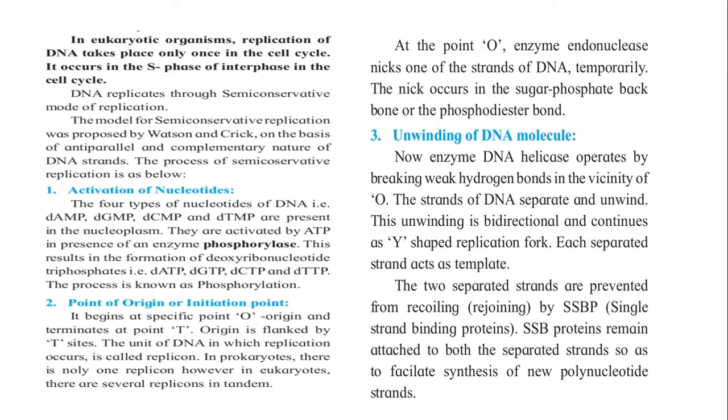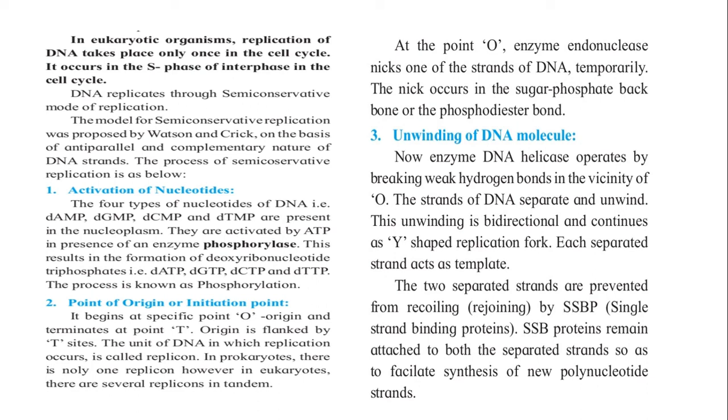Number three, unwinding of DNA molecules. Now, the enzyme DNA helicase operates by breaking the weak hydrogen bonds in the vicinity of the origin. The strands of DNA separate and unwind. This unwinding is bidirectional and continues as a Y-shaped replication fork.